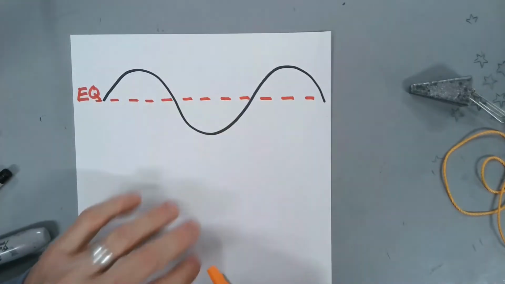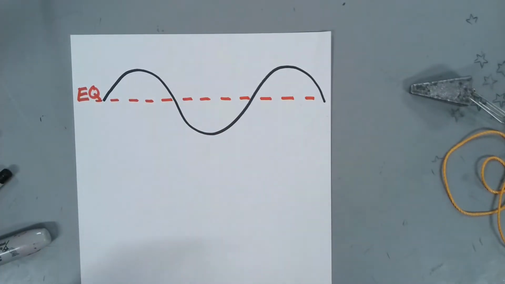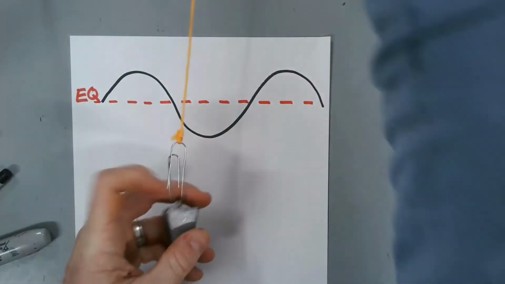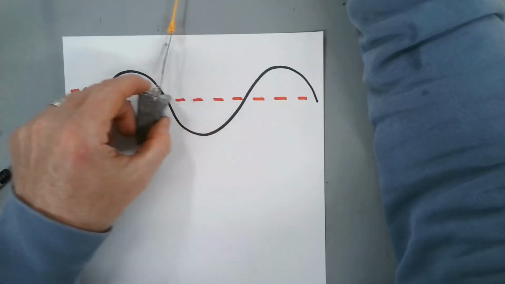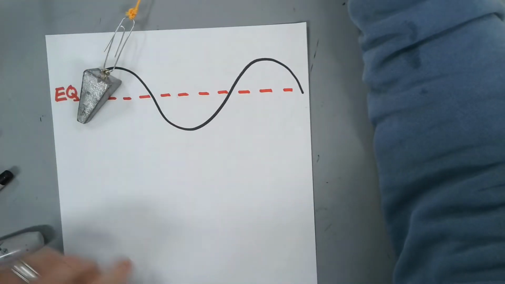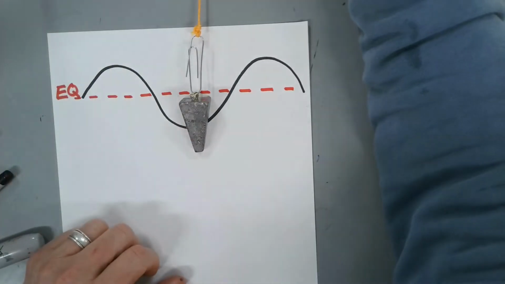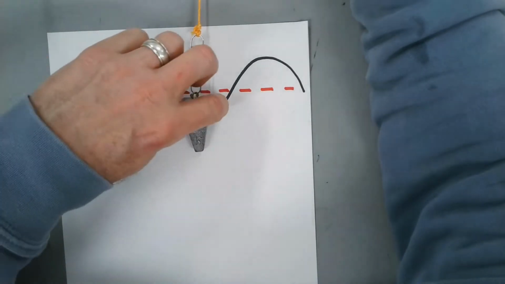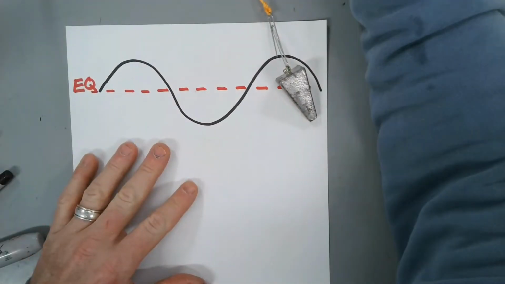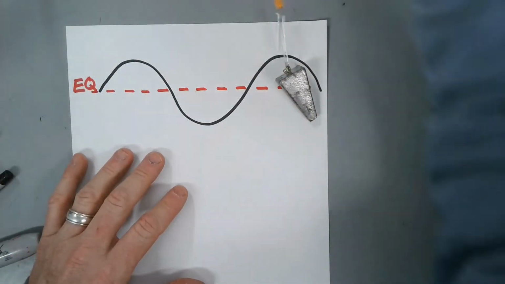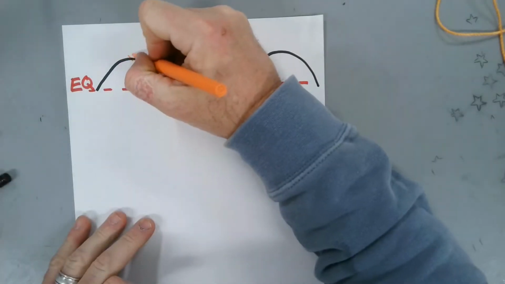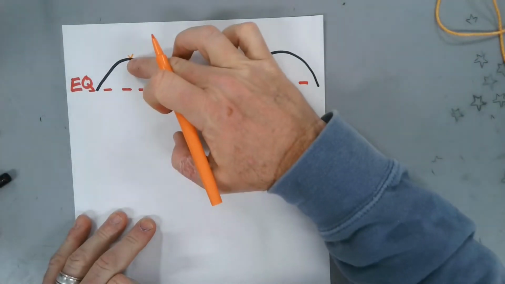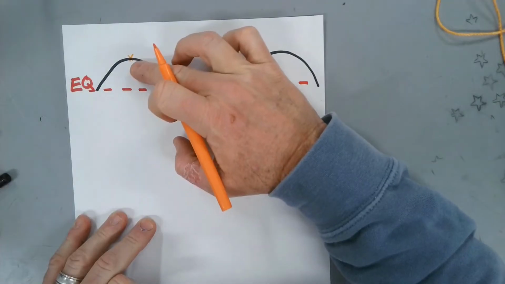Now, these waves have certain points where we're very interested in the wave. If you thought about our pendulum going back and forth, when we were looking at pendulums, we were very interested in that point at which it got furthest out here, the point it was back at its equilibrium position, and the furthest point that it got out here. Those were very special points, and we see that in our waveform here. Here is our point where we are furthest away from equilibrium on this side of equilibrium.